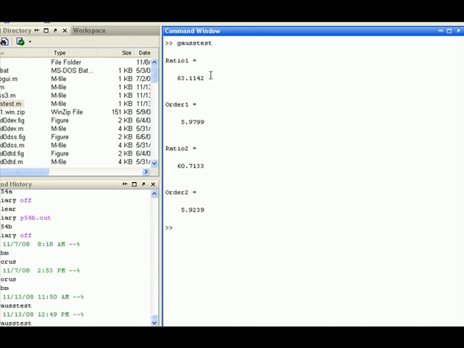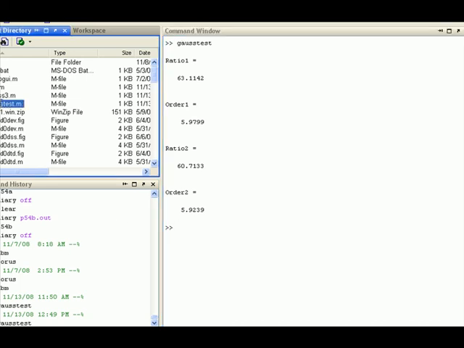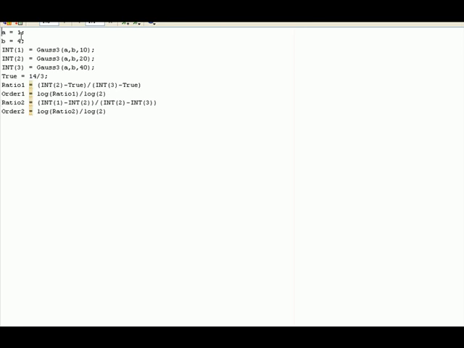And in fact, the ratios in both the test using the true value and the test not knowing the true value both come out to be reasonably close to 2 to the 6th power, 64, so the orders both come out to be close to 6, exactly as we would expect. Now let's go back and make another test. This time, let's integrate the square root function from 0 to 1.